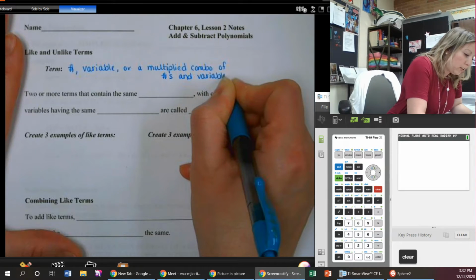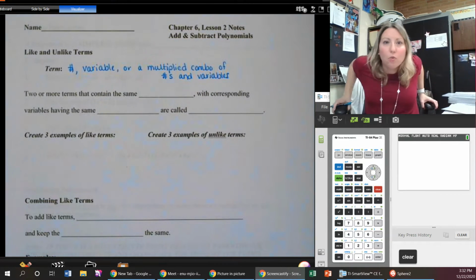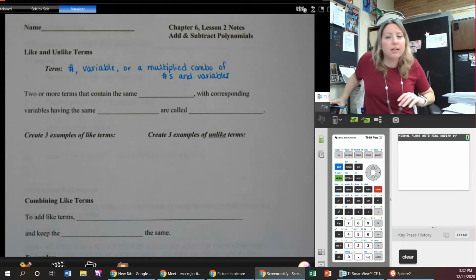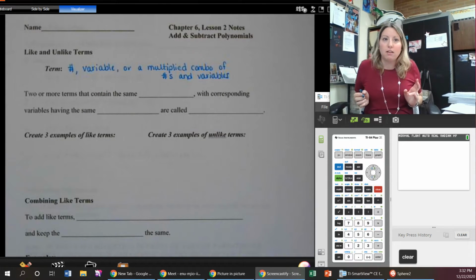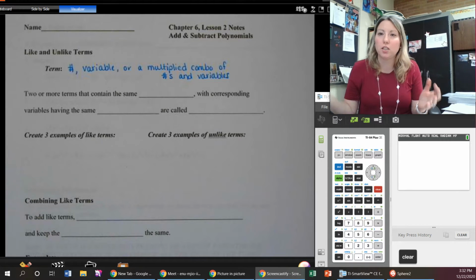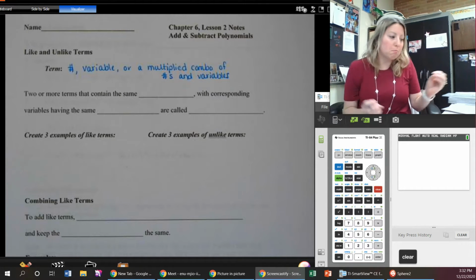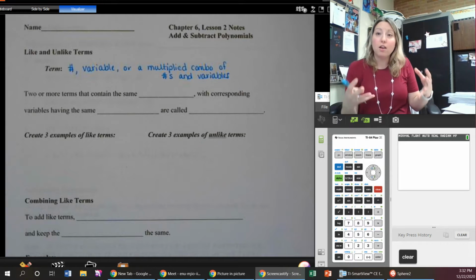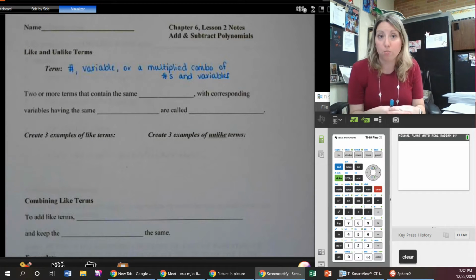And notice I say multiplied, not added or subtracted, which means that whenever you're adding and subtracting, when it comes to terms, if they're not like terms, they end up being separate terms. Multiplying is the only way that you're getting one term.